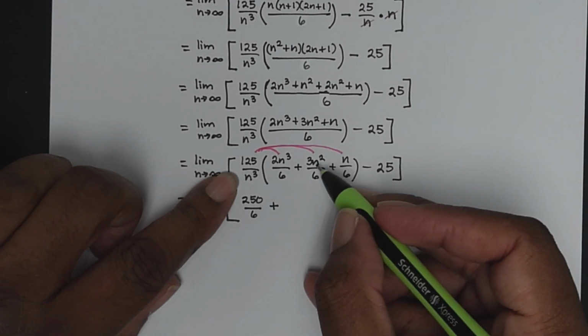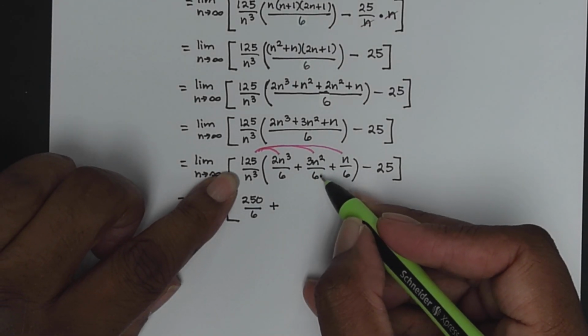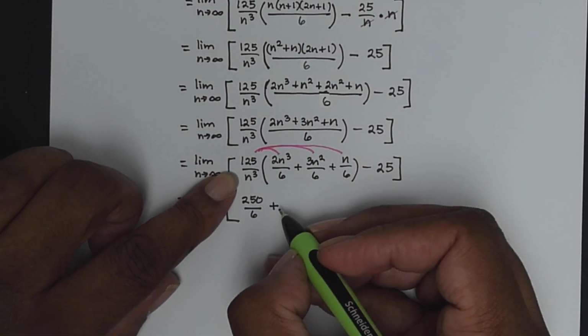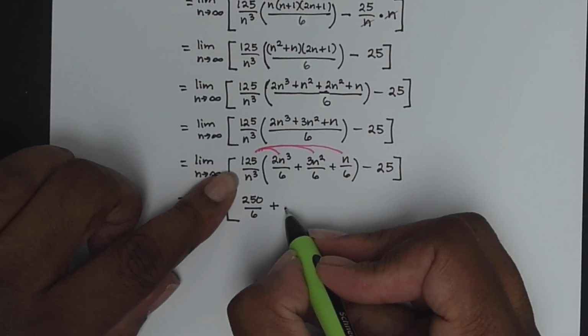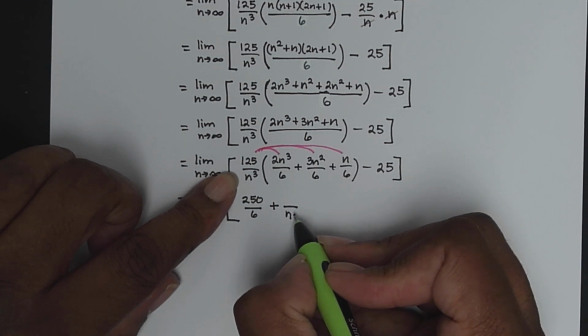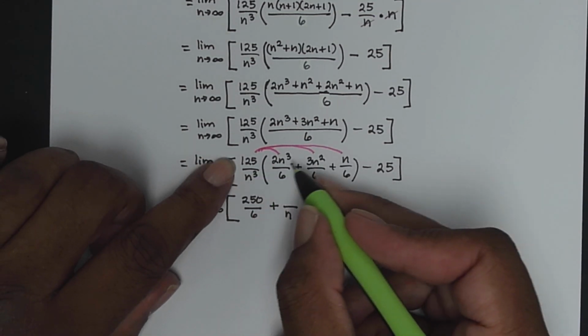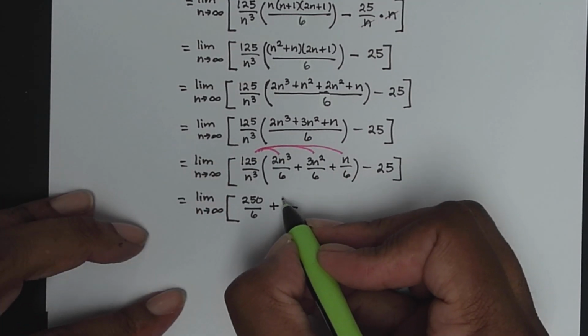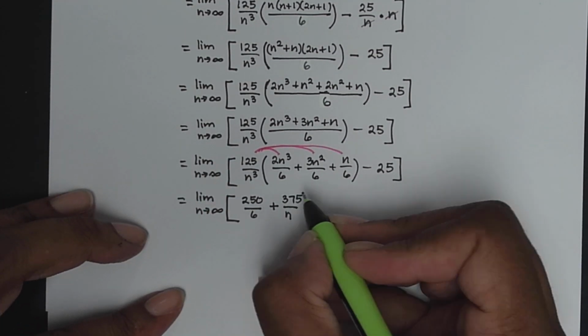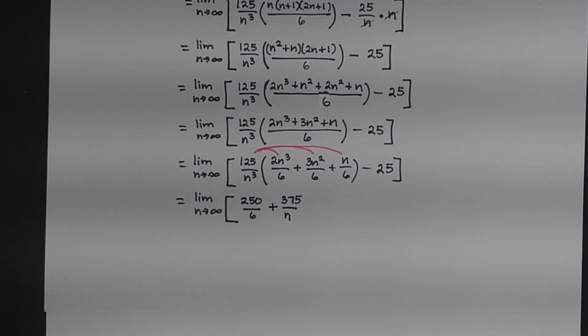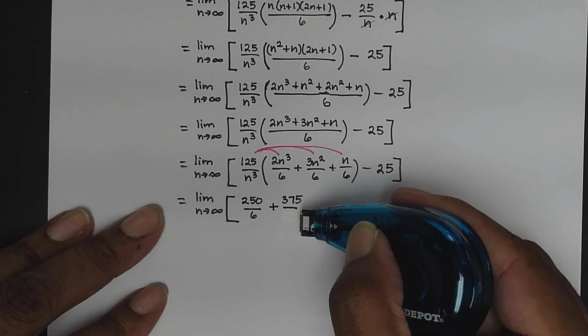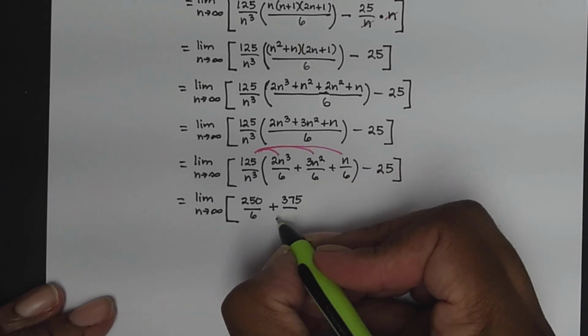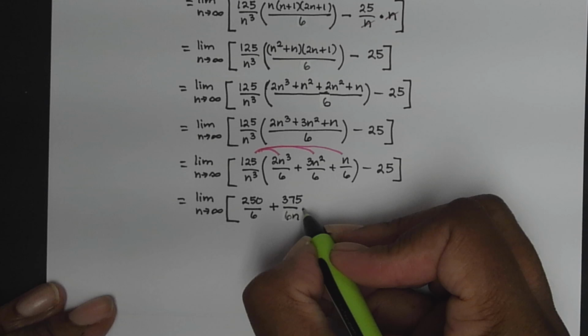125 over n cubed times 3n squared over 6. Two of the n's will divide out, leaving me with an n in the denominator. 125 times 3 will be 375, and I'll have a 6n in the denominator as well. So n times that 6, that'll be 6n.